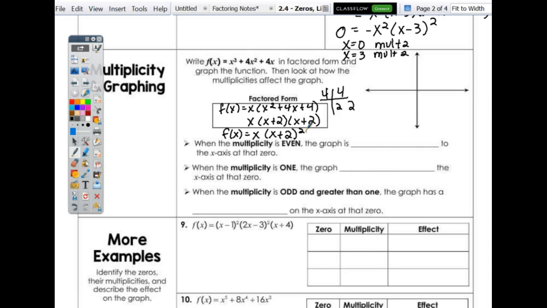Well, here's why you're going to have to, because when you're graphing, you're going to need to know where your bounces are. So if you don't put them together, you'll end up not getting it right.